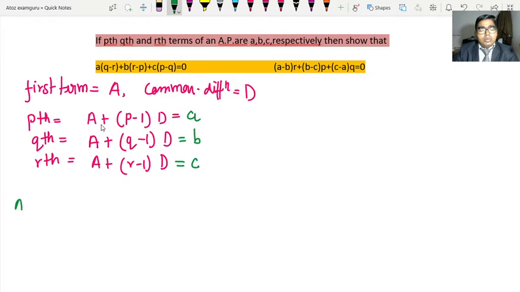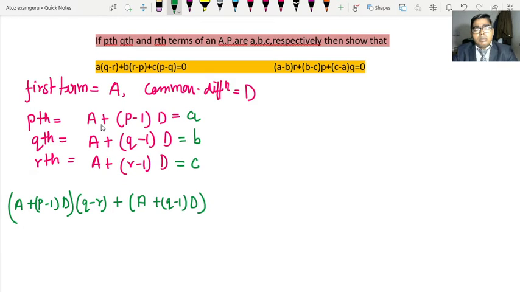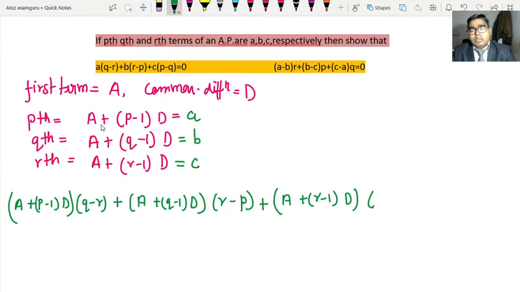So it is A plus P minus 1 into D, multiplied by Q minus R, plus B, that means A plus Q minus 1 into capital D, multiplied by R minus P, plus C, and C is A plus R minus 1 into capital D, multiplied by P minus Q, right?